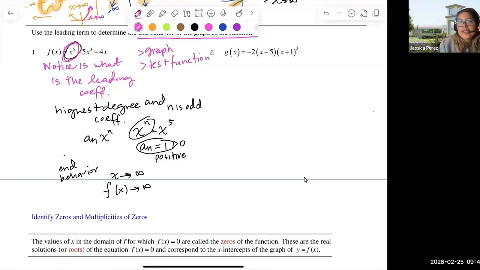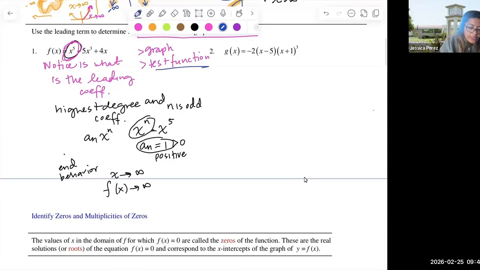So notice how x to the fifth dominates. What happens as x becomes a large number? If I have a large number to the fifth power, it's going to be larger than the negative 5x cubed. So I know that when I test the function as x goes to infinity, the entire function will go to infinity. So let's go ahead and actually graph this polynomial.